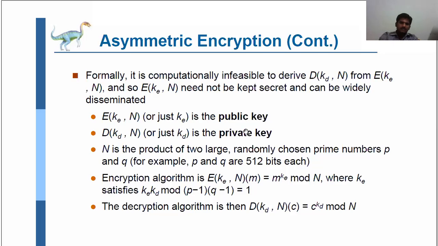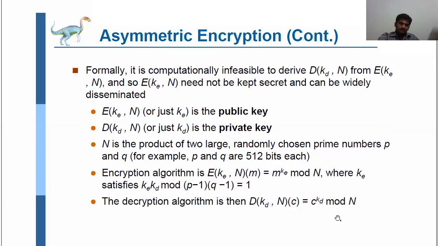It satisfies KE times KD mod (p minus 1)(q minus 1) equal to 1, where p and q are the two prime numbers. Then the decryption algorithm is KD, computed as C power KD mod n, where C is the ciphertext, and we can do the operation.